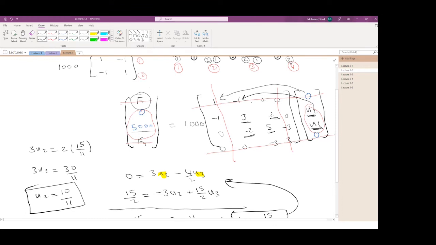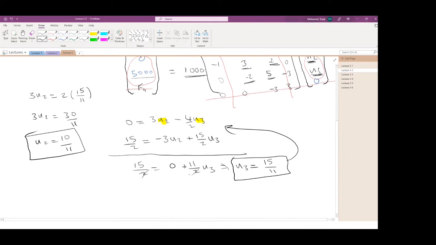So f1 is equal to minus 1 u2, obviously multiplied with the 1000. I'm just going to write it down. f1 is equal to 1000 multiplied by minus u2. So this is 1000 multiplied by minus 10 over 11, or you just write minus 10,000 over 11. This is the value of f1.